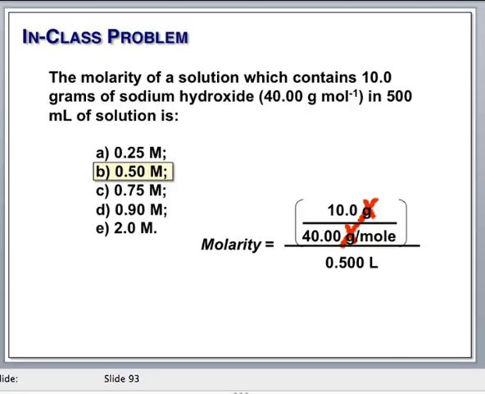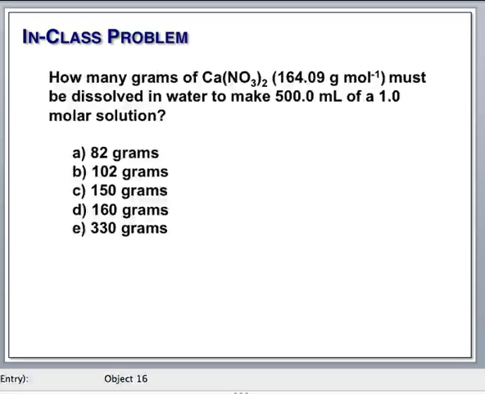Let's work the next one. We have calcium nitrate. We're looking for a mass. How many grams do we have to dissolve to make 500 mils of a 1 molar solution? Now you can tell this is a real exam question because, you know, the numbers are nice and exact and easy and stuff like that.